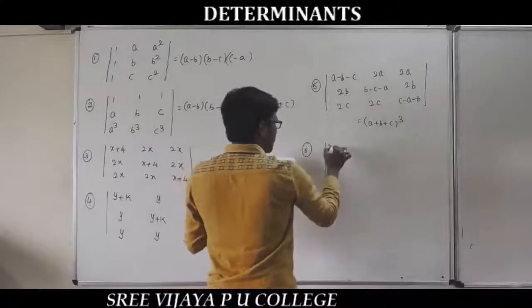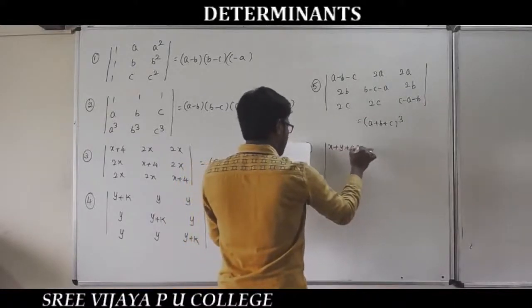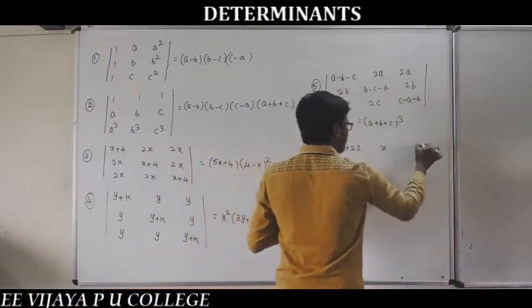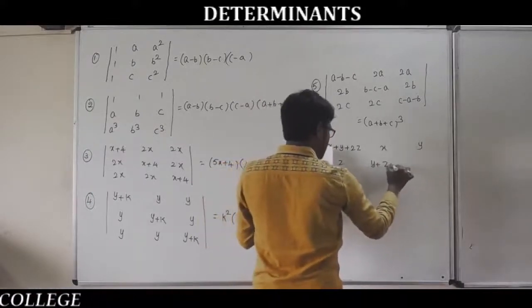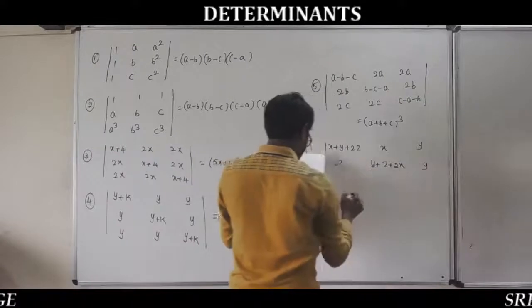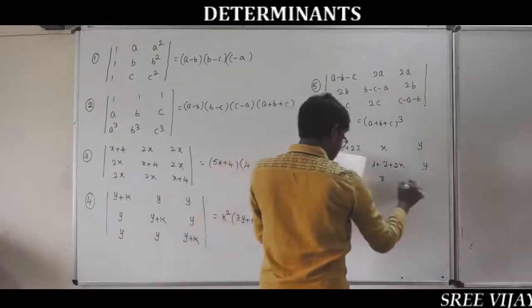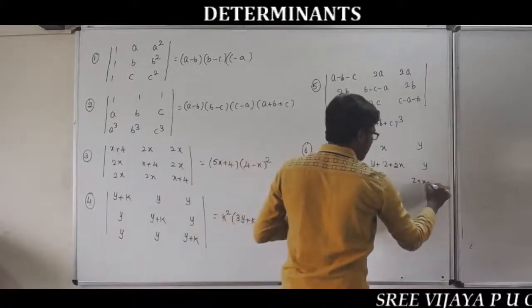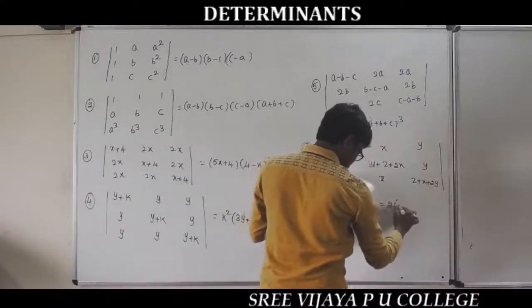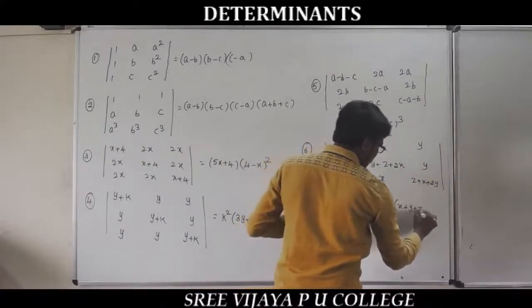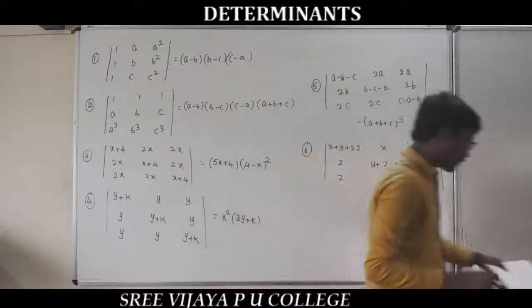Next, x plus y plus 2z, x, y; z, y plus z plus 2x, y; z, x, z plus x plus 2y will be equal to 2 times (x plus y plus z) whole cube.